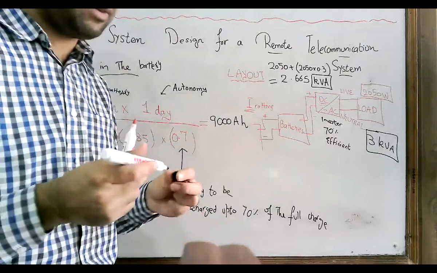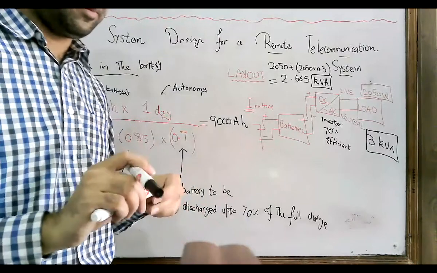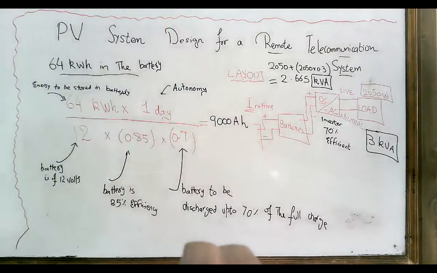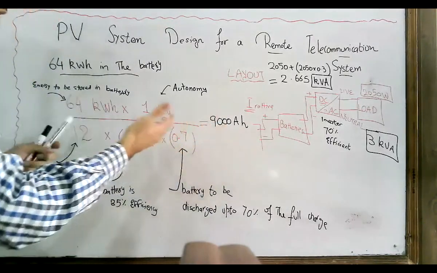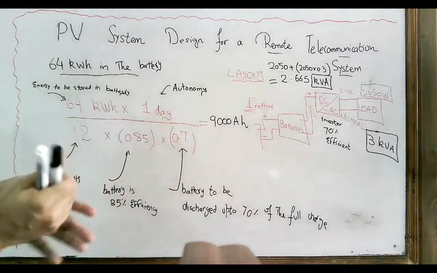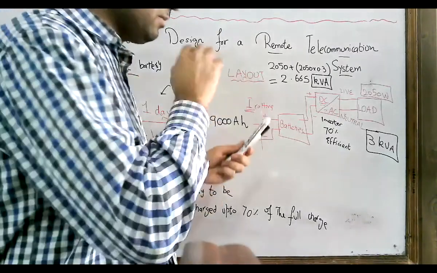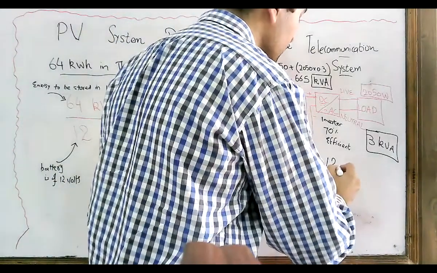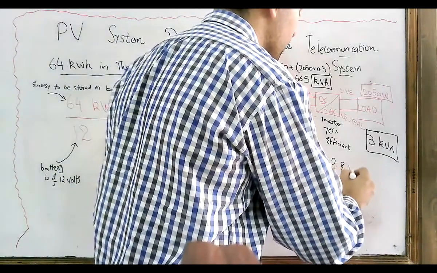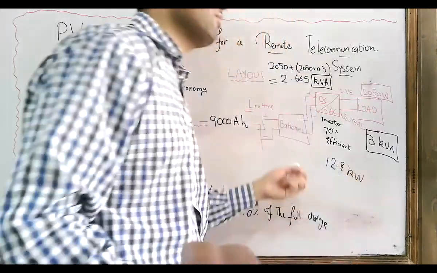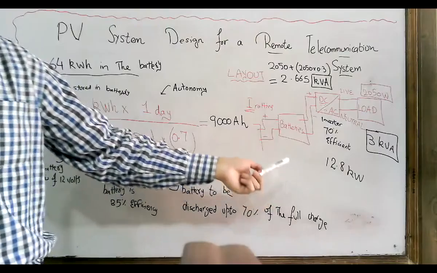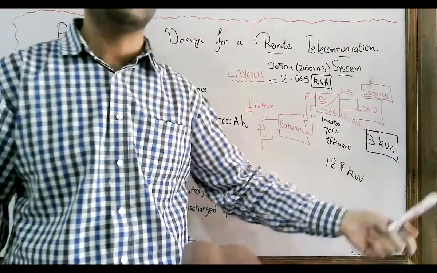Obviously, we haven't seen such a thing. So how to decide this? This is just like we calculated a few moments ago that we need a PV panel of 12.8 kilowatt, and then we said that a big panel of 12.8 kilowatt rating is not available.